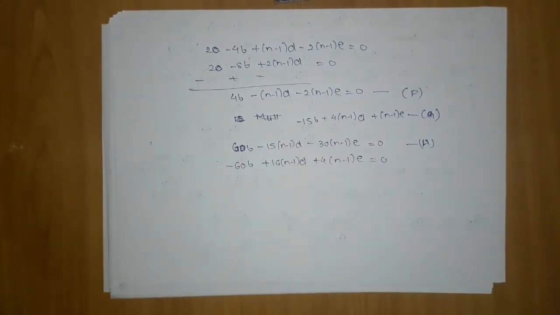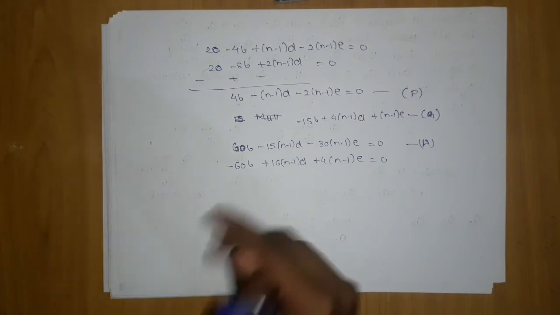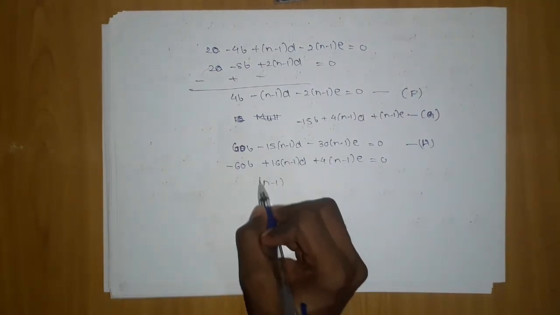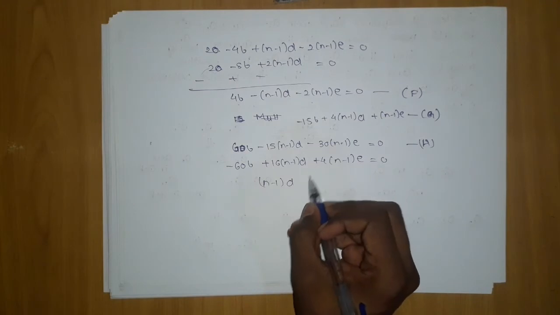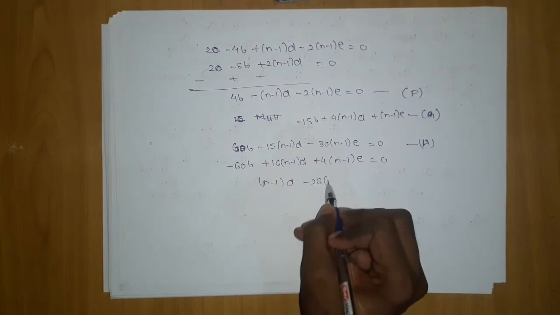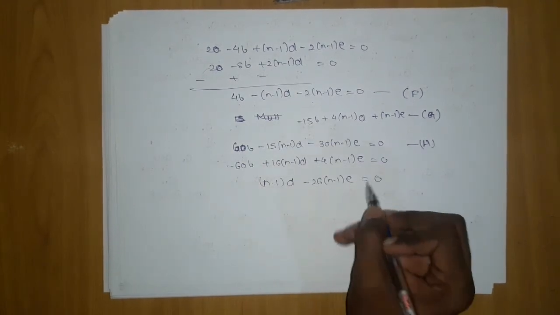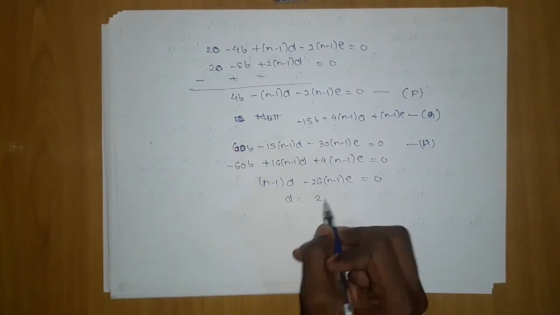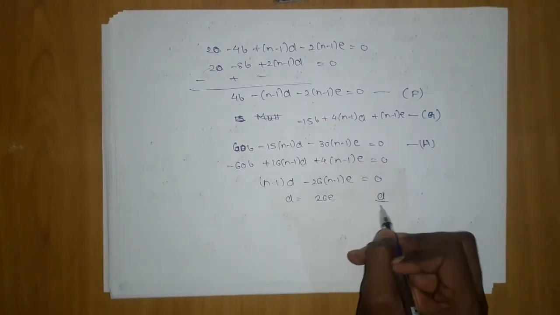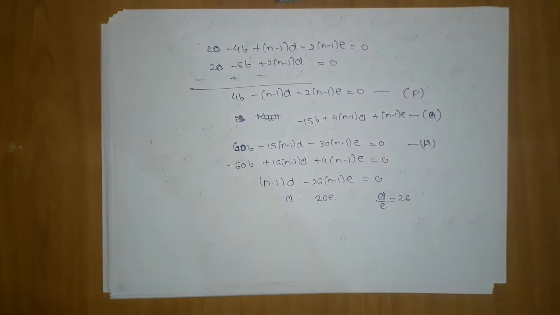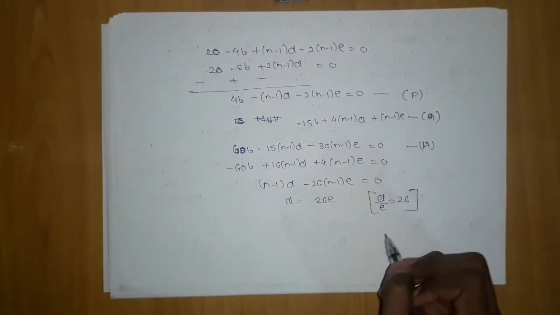If I add, these terms will cancel out, giving me finally (n minus 1)d, minus 26(n minus 1)e should be equal to 0. So my d is equal to 26e, which gives me d by e is equal to 26. So this is my ratio of the difference, which we had assumed.